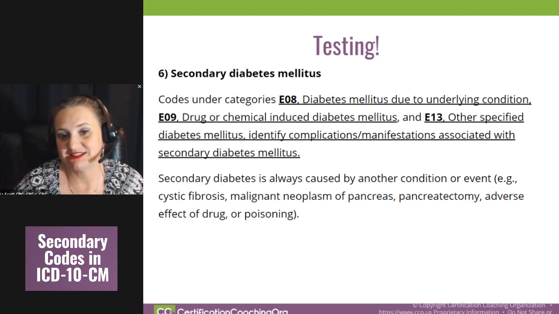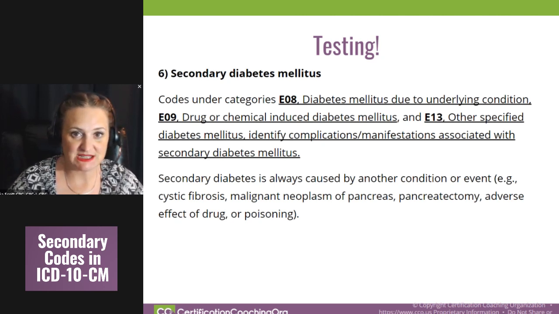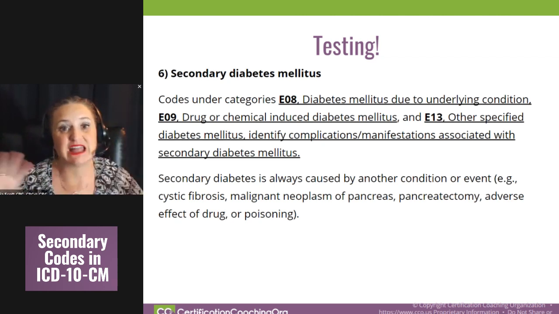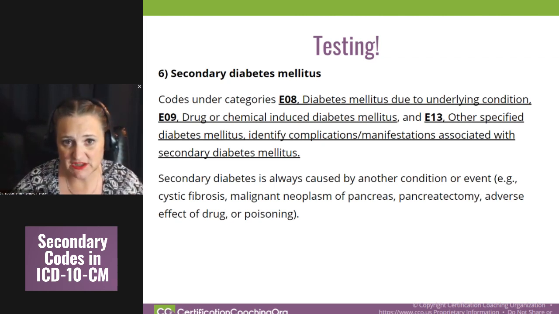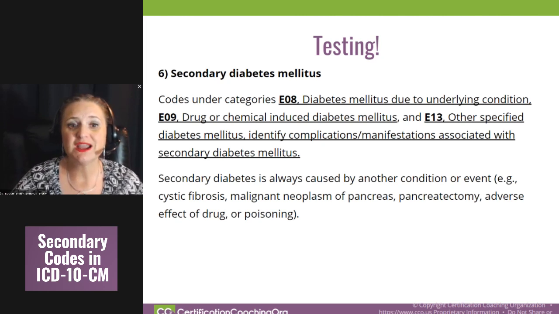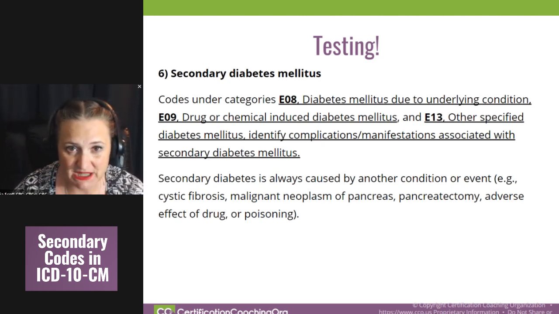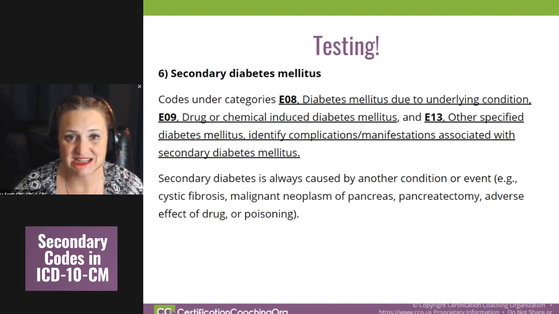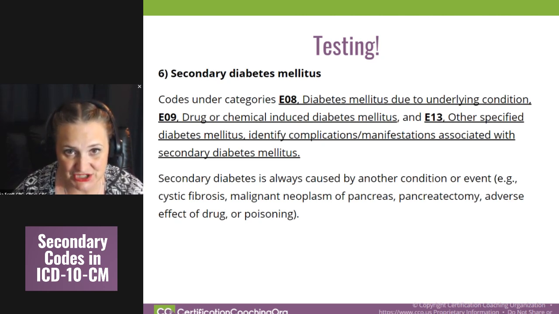Because again, the disease itself and the disease process has so much minutia to it that it has lots and lots of guidelines. It's the perfect example for secondary diabetes mellitus. Now, notice I didn't say it's a secondary diagnosis. This is a condition that's a secondary condition.